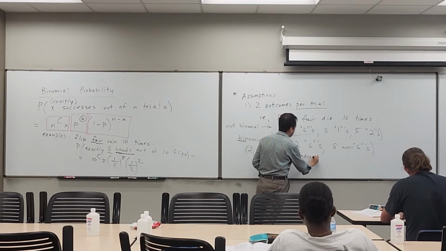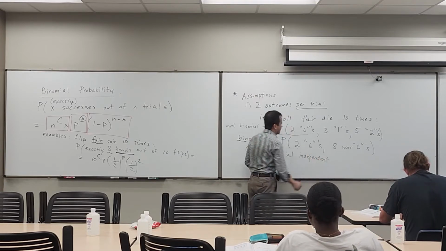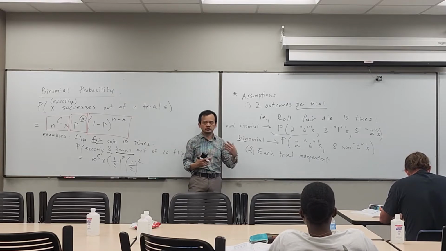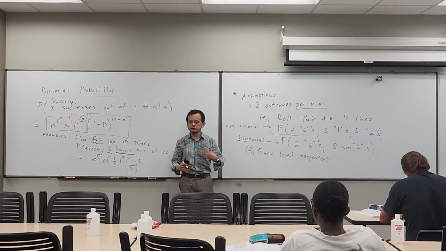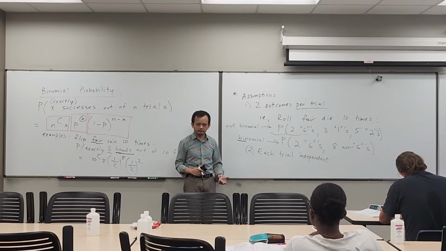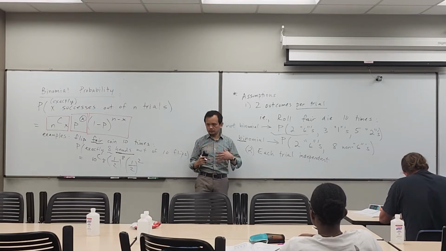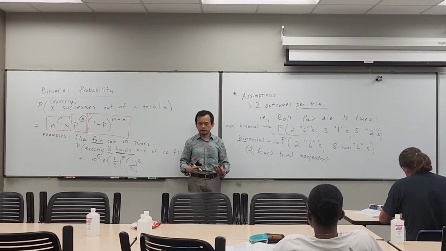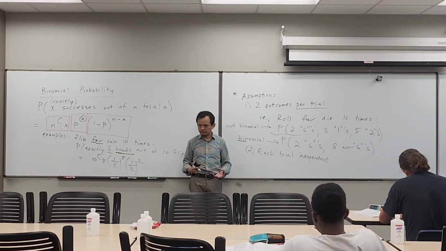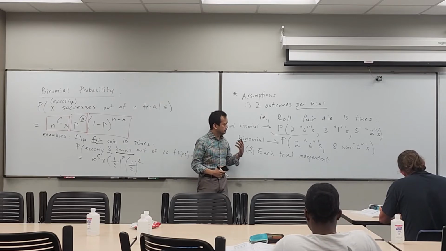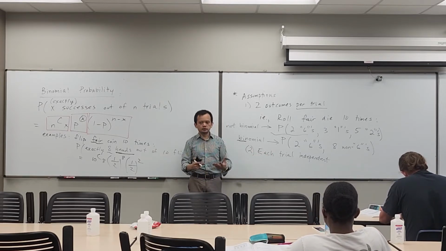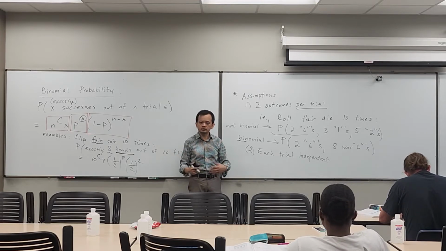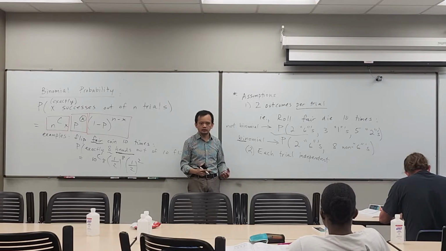What that means is that if you end up observing a success, does that change the probability of observing a success again in the future? If it doesn't change the probability, if the probability is consistently the same for success, then we call that independence. If observing a success ends up changing the probability of success later on, then those trials are not independent.